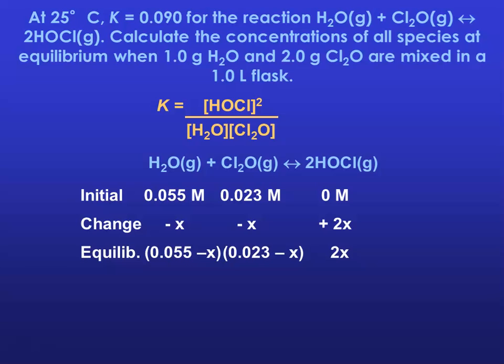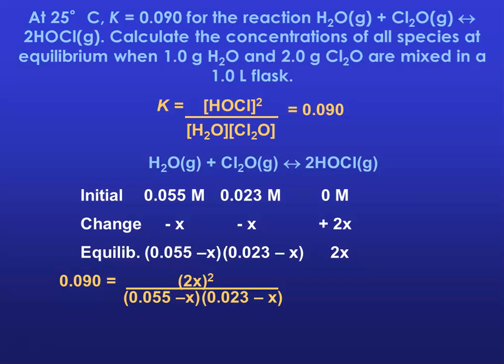I can substitute all of those into my equilibrium expression. I do have the value for K, 0.09. So if I put those quantities into my equilibrium expression, accounting for the exponents, so the 2x would need to get squared.